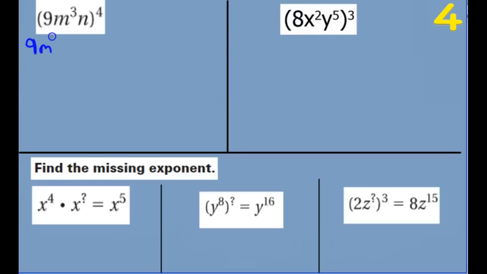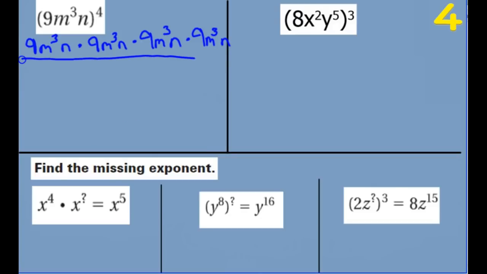So 9m cubed n times 9m cubed n times 9m cubed n, and one more 9m cubed n. So what we're going to do is count out how many of these we have.